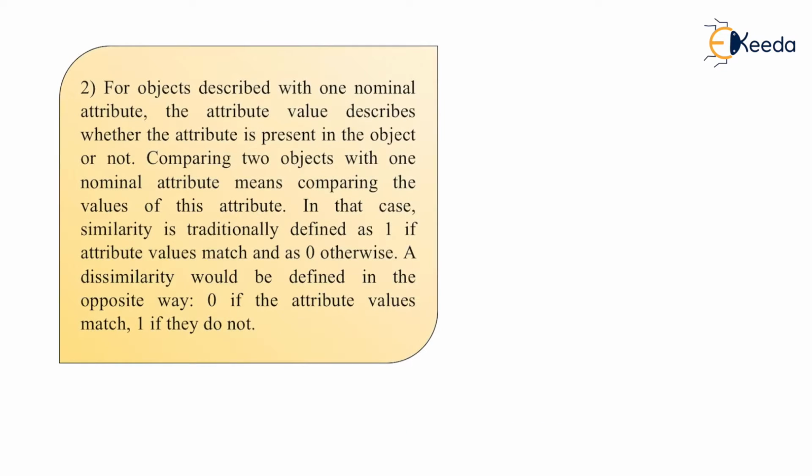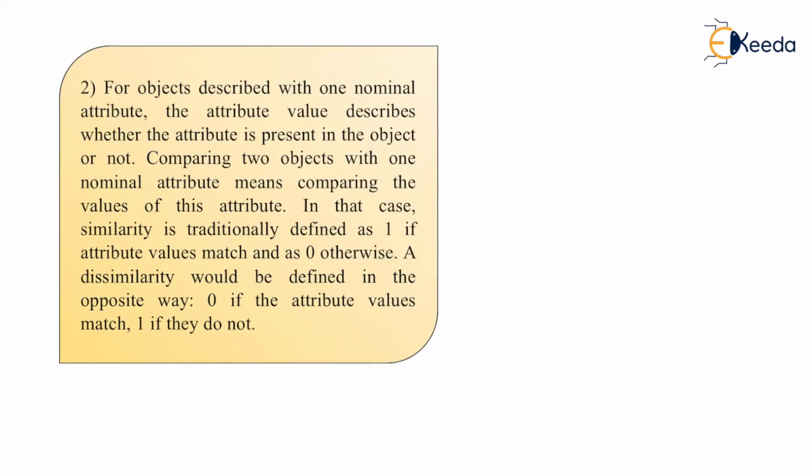Next, for an object described with one nominal attribute, the attribute value describes whether the attribute is present in the object or not. Comparing two objects with one nominal attribute means comparing the values of this attribute.